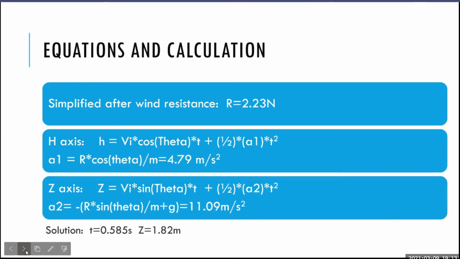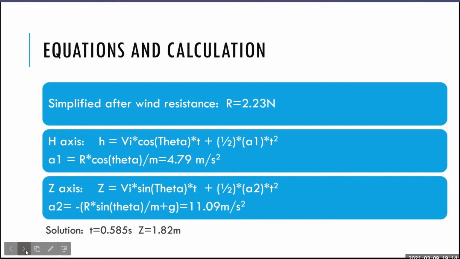So we get the equations. We can directly use the data of the first question, with no wind resistance, and we know that the initial velocity equals 24.54 meters per second.